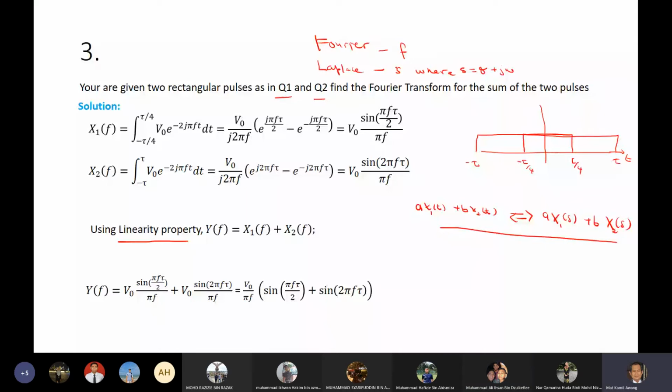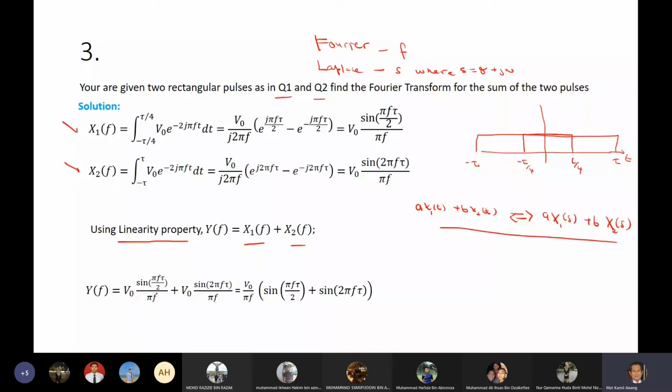So using the linearity property, if you add two signals, then the Fourier transform is also the addition of the two Fourier transform signals. So Y(f) is actually X1(f) plus X2(f). X1(f) we got from the first question, and X2(f) is from the second question.